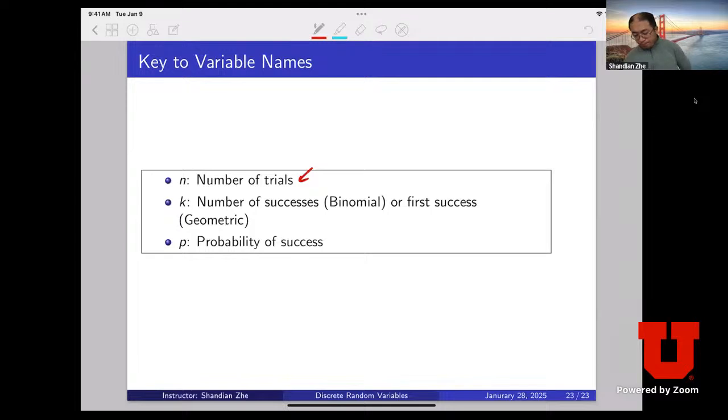And second, we usually use k to represent the number of successes. In a binomial, it just means the total number of successes, and in a geometric, it means at which trial you gain your first success, right? And the last thing, which is also very important, is p, which parameterizes the probability of success for each single trial. It's like, okay, when you flip a coin, what's the chance you see the head, right? Okay, any question?